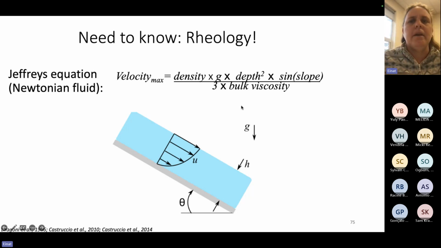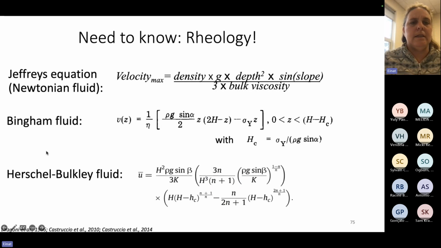And then bulk viscosity can come from composition and microstructure. Do we have a lot of bubbles? Do we have a lot of particles and crystals? And temperature, of course. So for a Newtonian fluid, this velocity relationship holds.